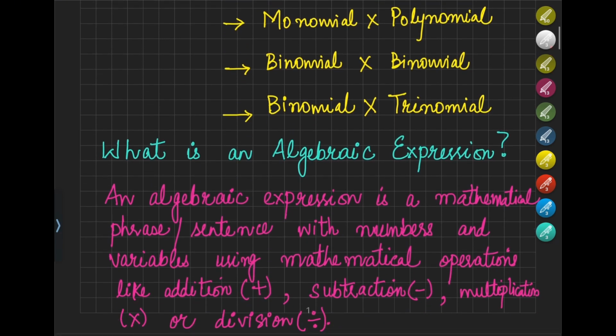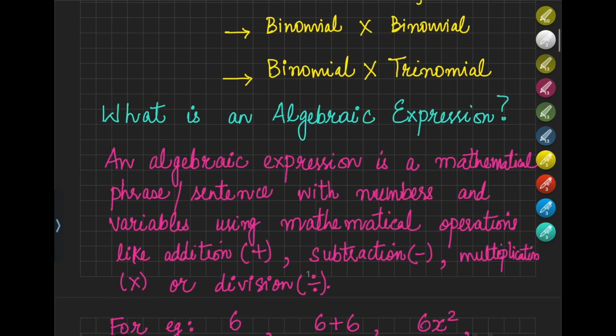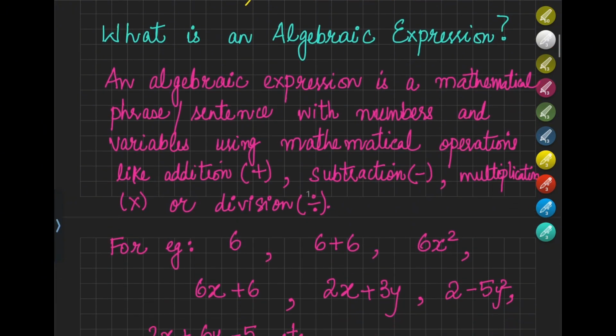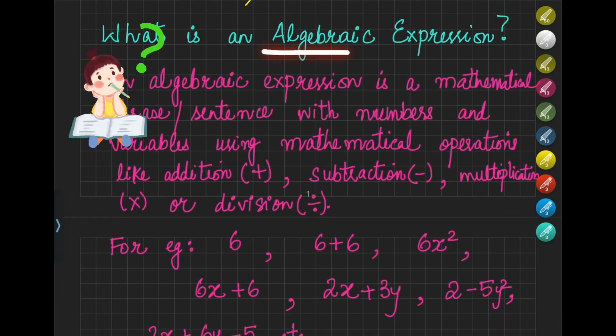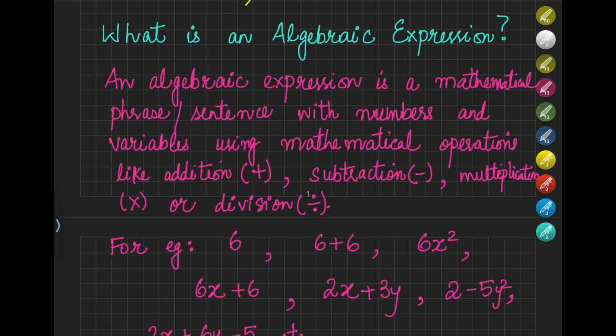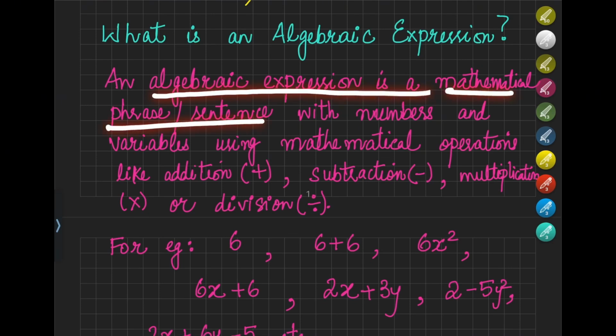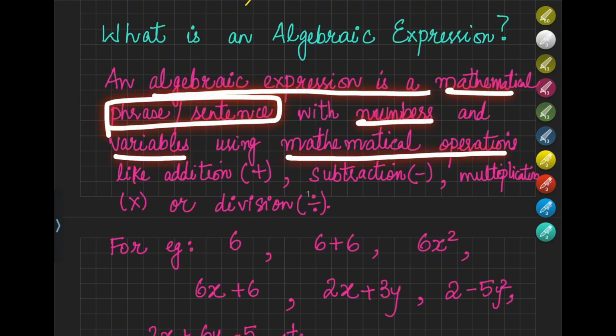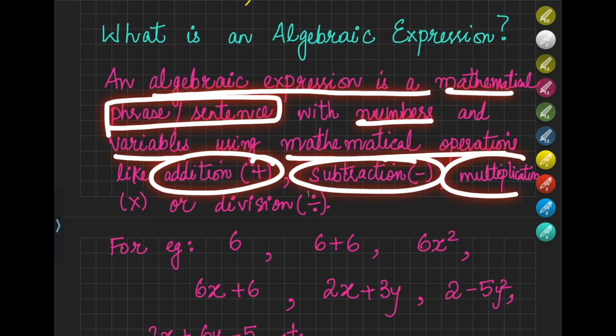To review what we have learned in the previous classes, let us quickly revise what we mean by algebraic expression. It says that an algebraic expression is a mathematical phrase or a sentence with numbers and variables using mathematical operations like addition, subtraction, multiplication or division.